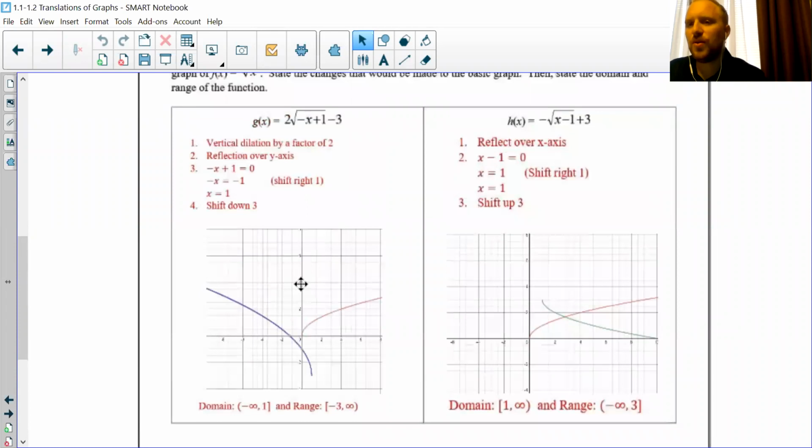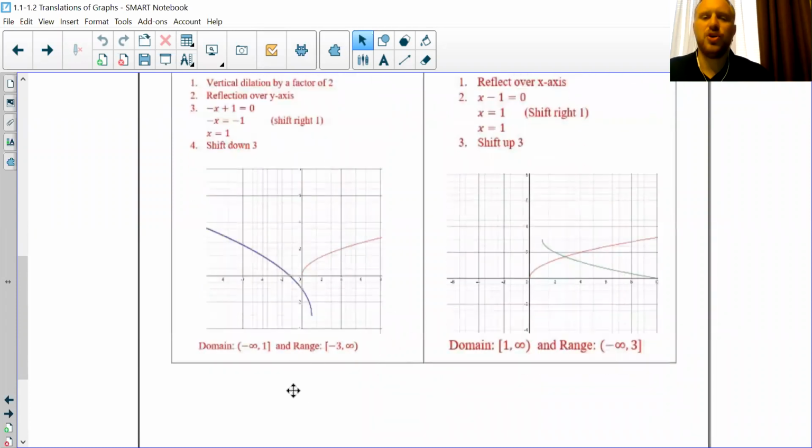Oh, and I also want to, you'll notice that I put the domain and range on here. It's important to understand what domain and range is. So domain is all the possible x values. So when we look at our graph from left to right, we're seeing what x values we can include.